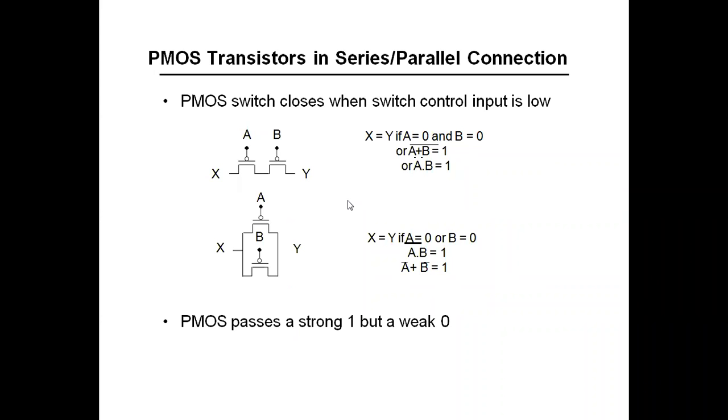We have discussed the NMOS transistor in series and parallel fashion. Now here we are going to discuss the PMOS transistor in series and parallel connection. So this PMOS switch closes when the switch control input is low. Why low? Because it has a bubble that indicates it's an inverter.